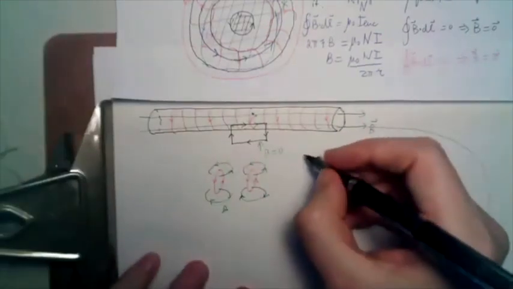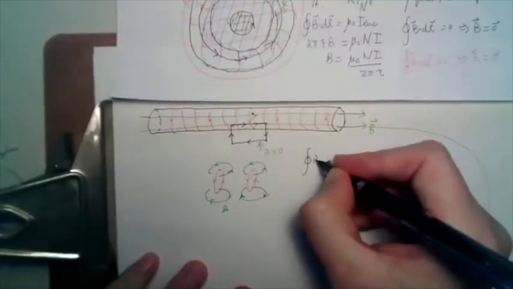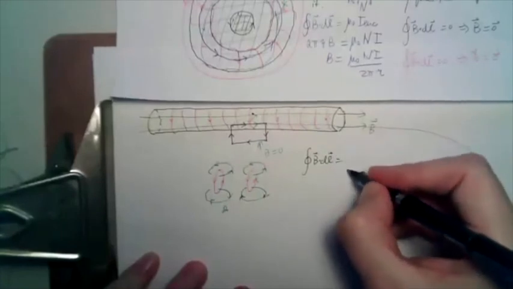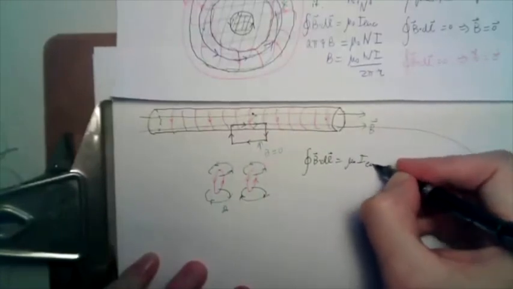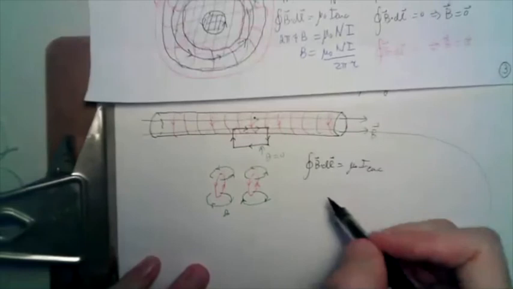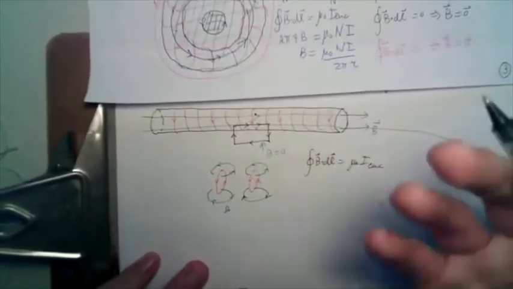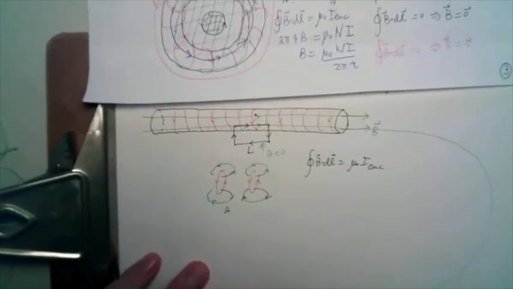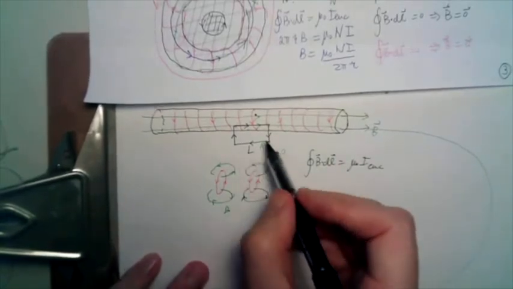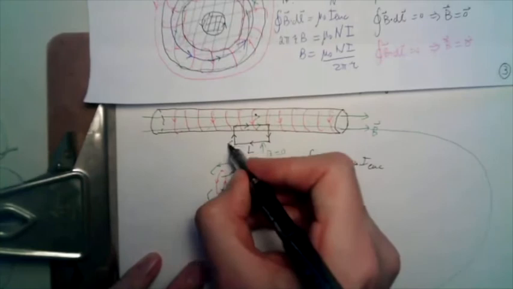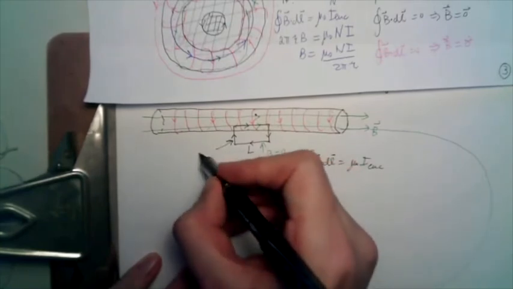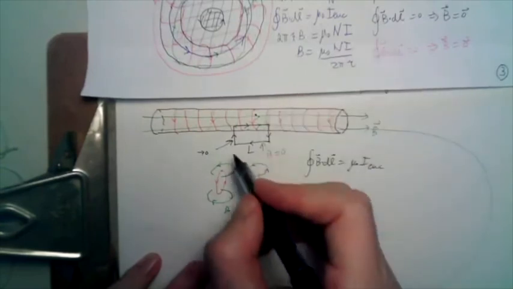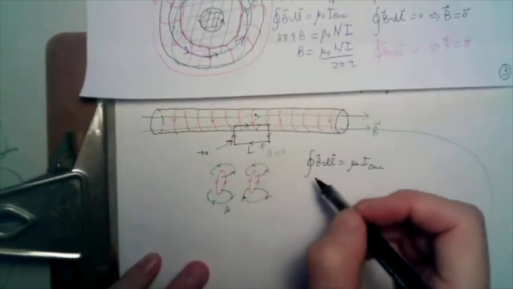So therefore, we get the integral of B dot dL equals mu naught I enclosed. All right. Now we need to put some numbers. Let's call this loop of size L, and we'll get that this goes to 0. We're going to make that as small as we possibly can, so we don't have to worry about that.